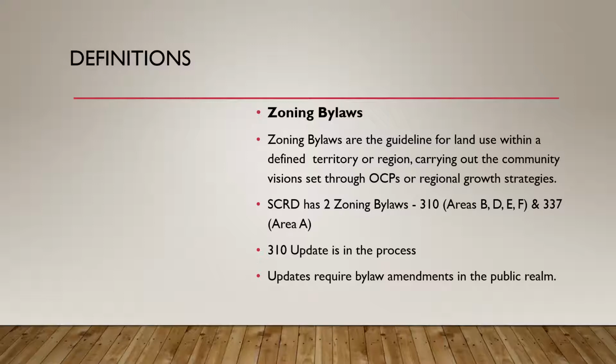We have 310, which encompasses areas D, B, E, and F, and then 337, which is for Area A. Bylaw 310 is currently in the process of an update, and we should hopefully be seeing an update soon to the board, which would mean publicly, and be able to share it and show you what updates are in process. Any updates to a zoning bylaw require bylaw amendments, and so all of those decisions are made in the public realm. So you can actually go through and see where a bylaw has been updated.